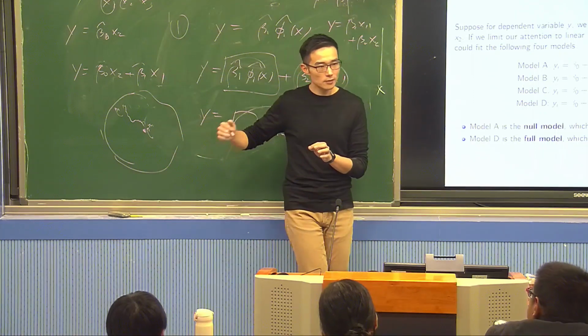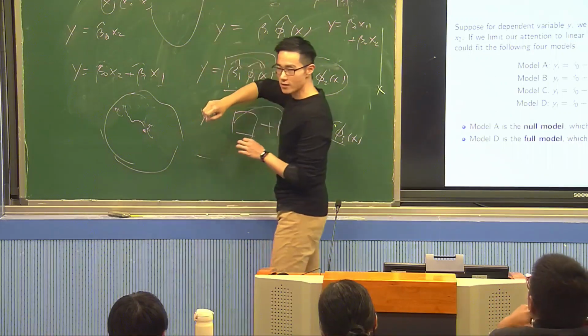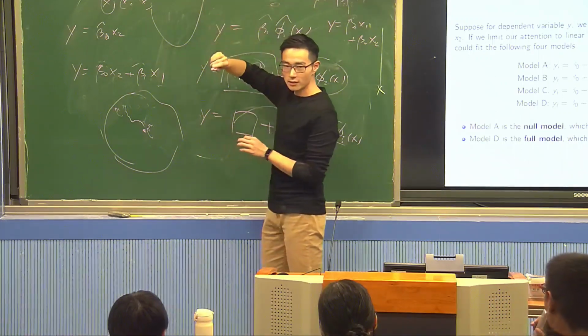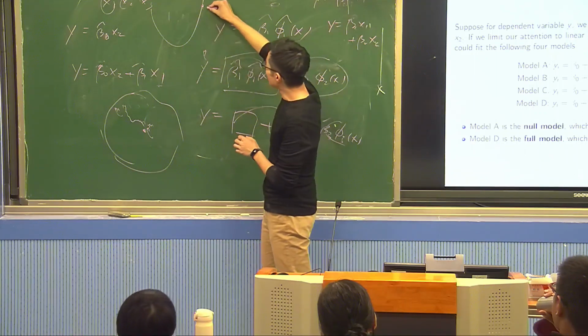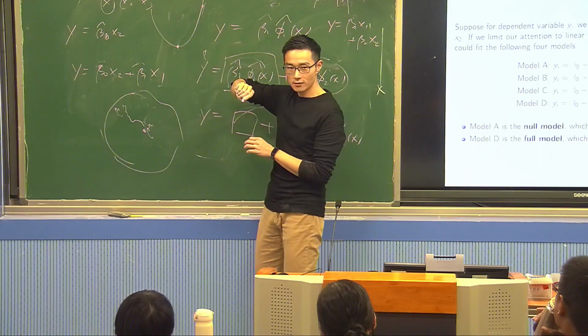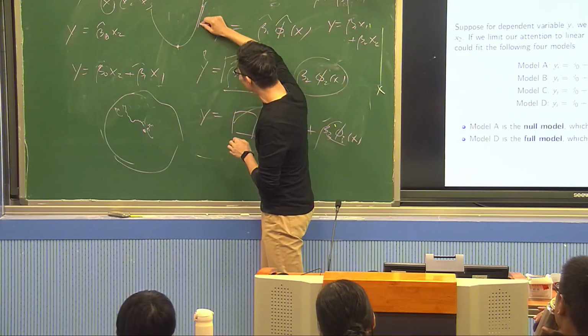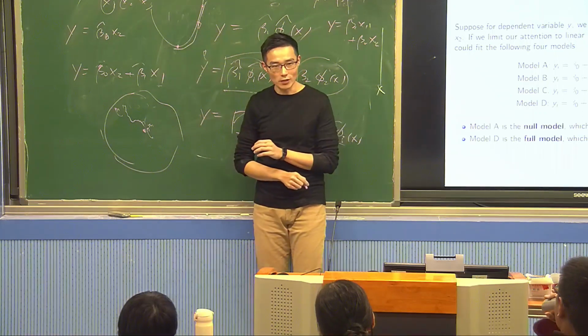For example, suppose this is what your loss function looks like as a function of beta. Here's where you start. You want your algorithm to find a way to guide you, to point you toward this optimal point. Maybe you take a derivative and go along this direction. This is one way to get there.